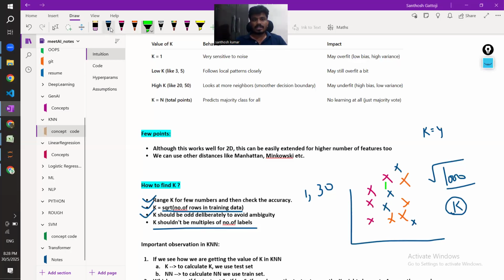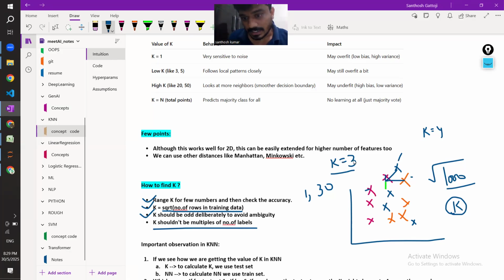Let's say I used k equal to 3. One nearest neighbor comes from Setosa, one from Virginica, one from Versicolor. Now k is odd, but still we are not able to decide because of the labels.